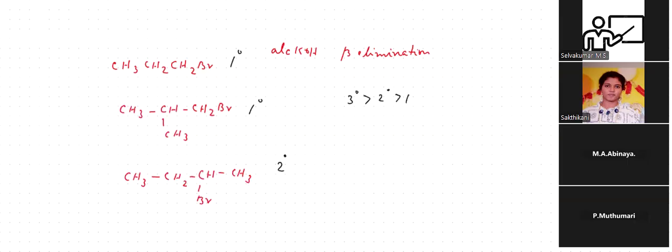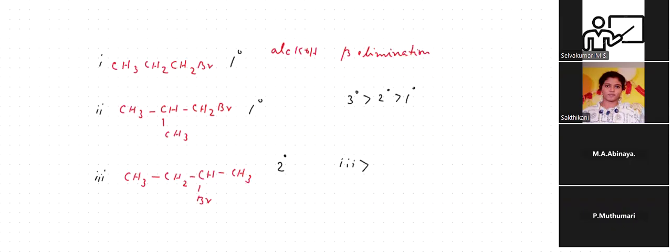If I say this is the first compound, this is the second one, this is the third one, the reactivity of the third one will be the highest. Now, the first and second compounds are primary. Among them, which will undergo a faster beta elimination? The second one.